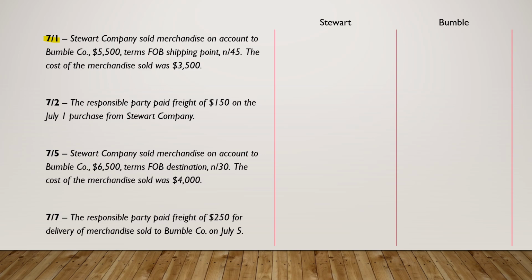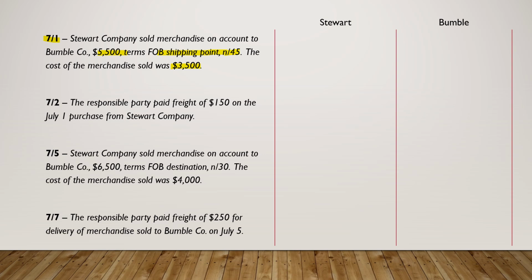July 1st. Stewart Company sold merchandise on account to Bumble, $5,500, terms FOB shipping point, net 45. The cost of merchandise sold was $3,500.